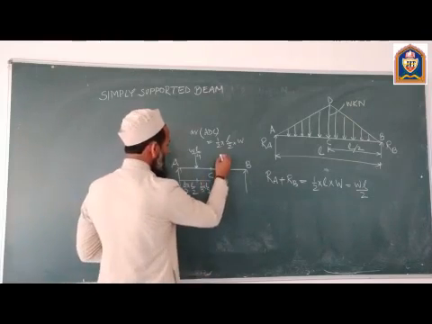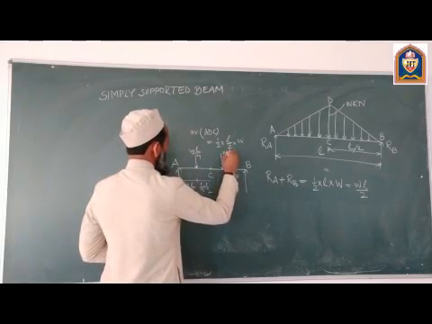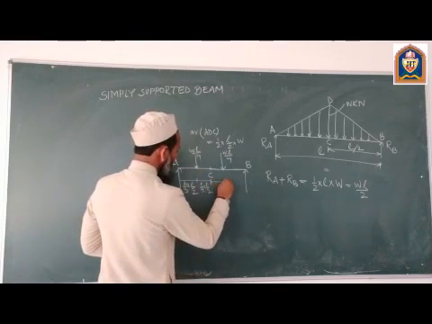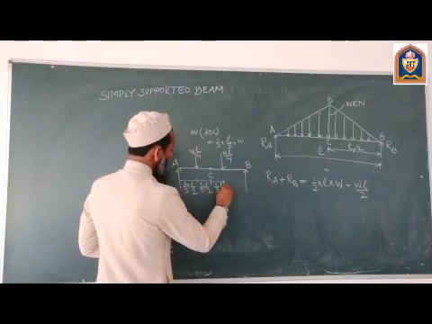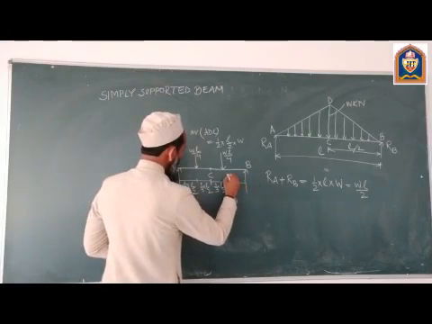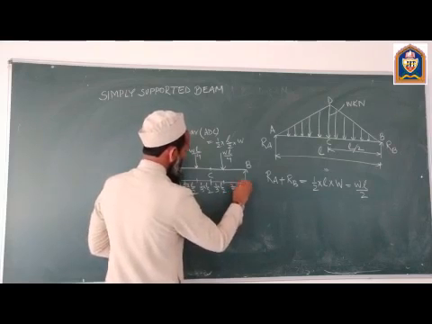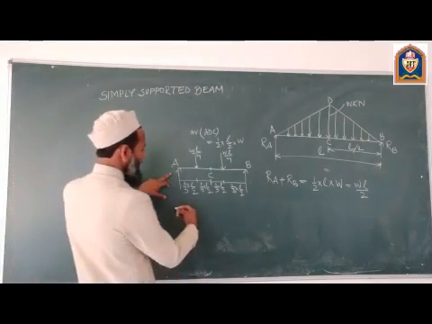Similarly, we will have this load here, WL by 4, which will also be the same. So this distance is 1 by 3 of L by 2, and this will be 2 by 3 of L by 2.